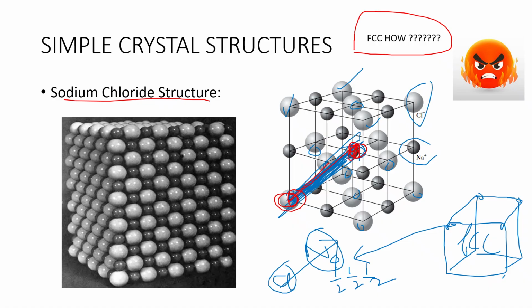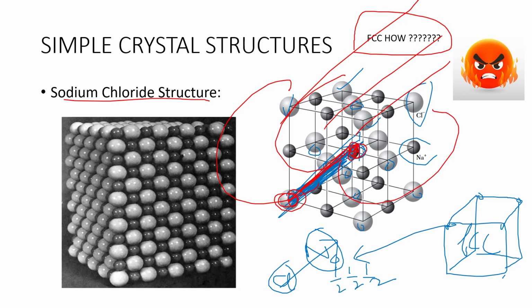This one thing which I have colored so brutally is one basis. And if you continue this symmetry throughout the crystal lattice, you will see that at each and every FCC point, one basis is present. So this thing is mapped here, it is mapped here, it is mapped at every lattice point. So that's how it is FCC.